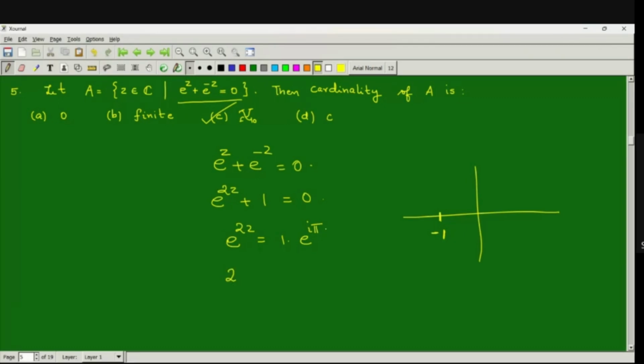Now only pi? No, n pi. 2n pi. Pi. 2n plus 1 times pi. Yes, 2n plus 1 pi.